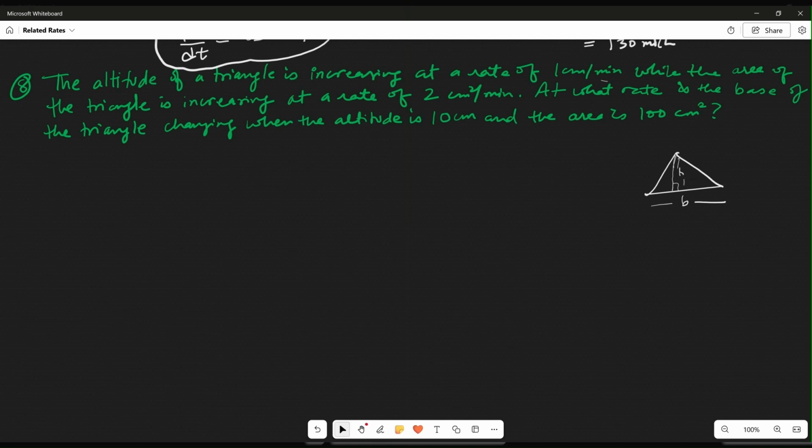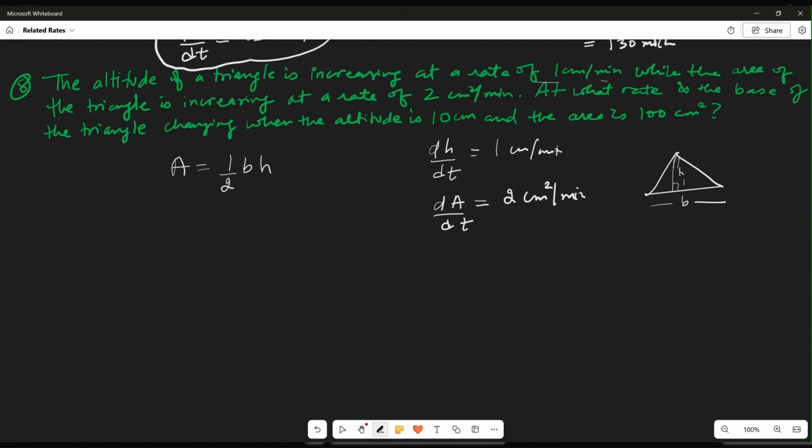And first of all, what is the area of the triangle? Half times base times height, right? And the altitude of the triangle is increasing at a rate of 1 centimeter per minute, so we have dh over dt given. And the area of the triangle is increasing at a rate of 2 centimeters squared per minute.